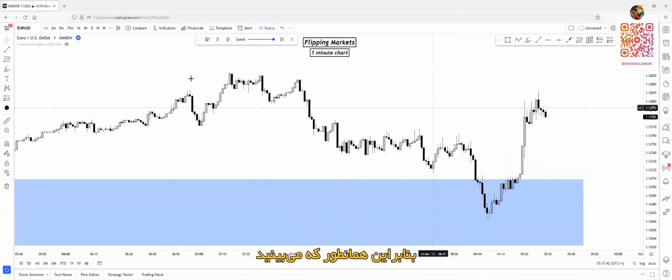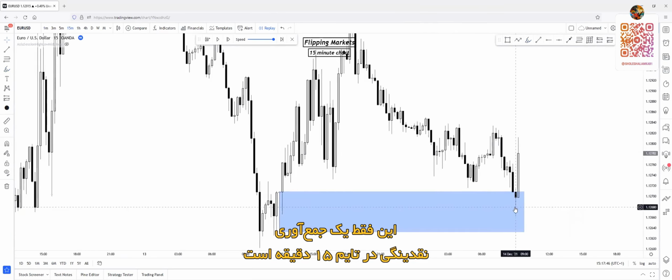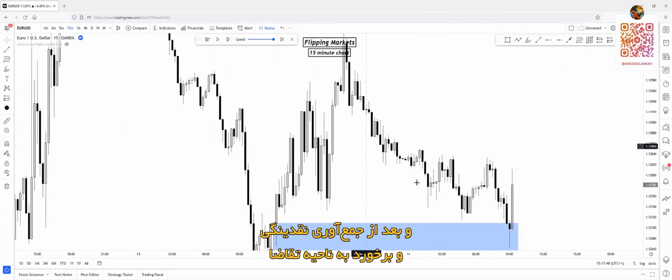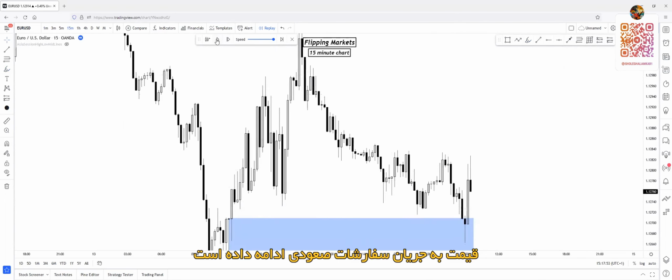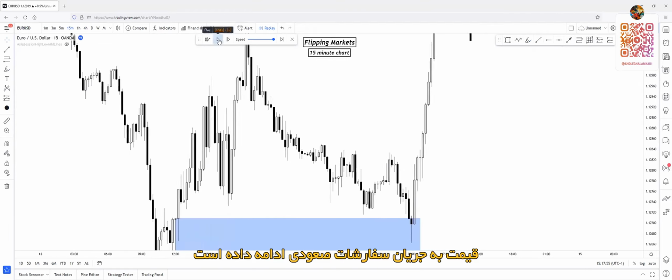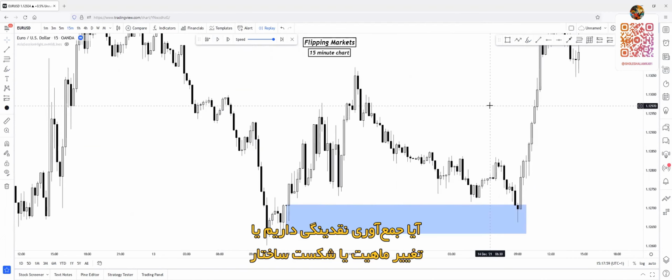So as you can see, it was just a sweep on the 15-minute, and after the sweep, the liquidity collection and the demand tap, price started to continue the overall bullish order flow to the upside. So that's the importance of knowing whether it's just a liquidity sweep or a change of character or a break of structure.